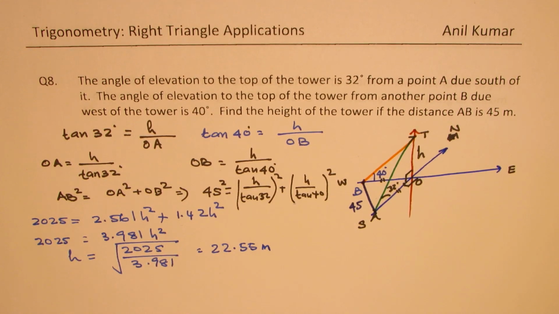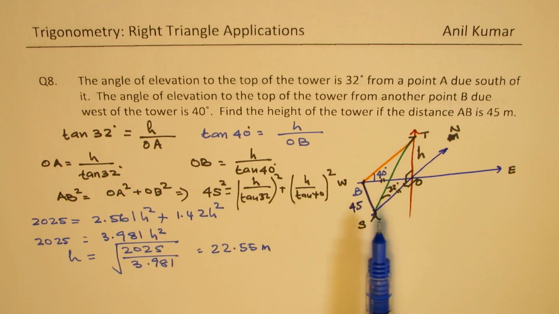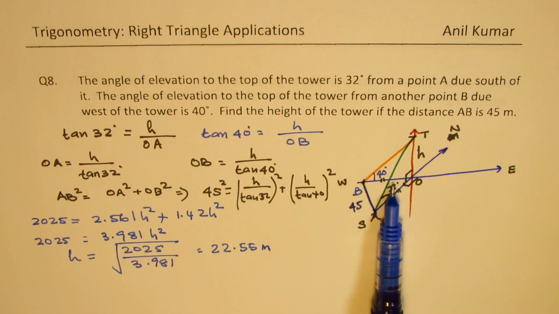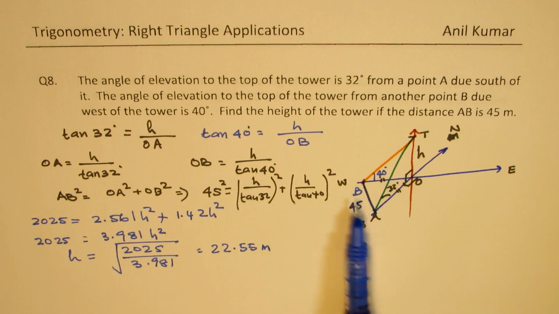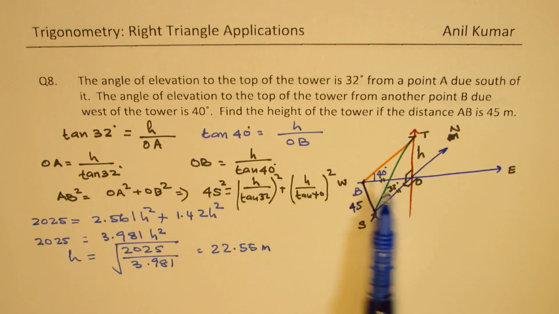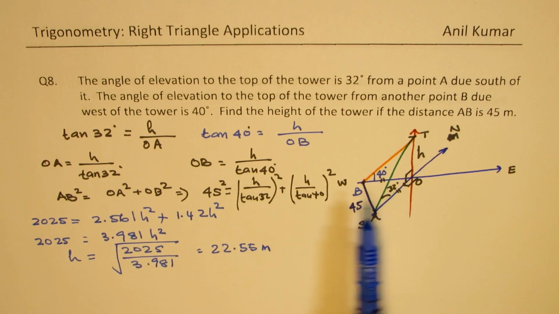Is that clear to you? Right? So I'd like you to go through these calculations and understand what we did. Remember, we are talking about two points which are on south and west, so the angle between them is 90 degrees. If you want, you can separately draw the base, so you can make three different diagrams to solve it also.